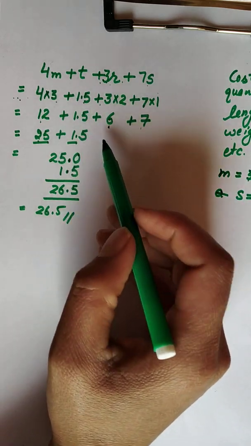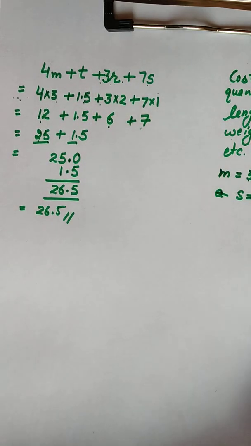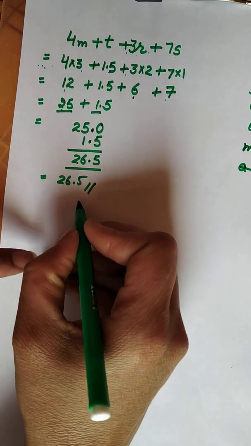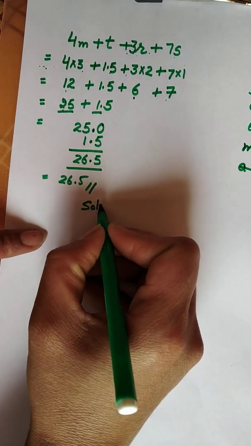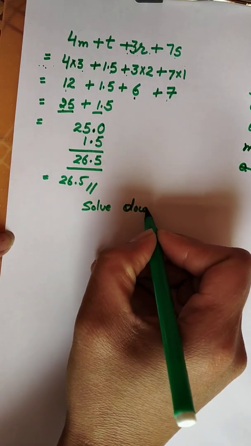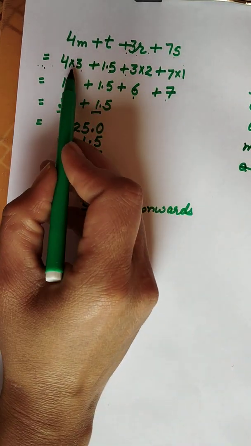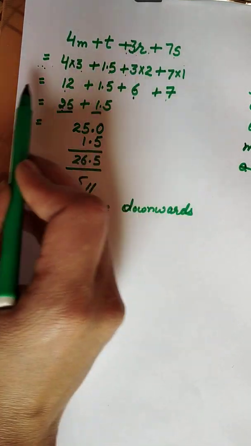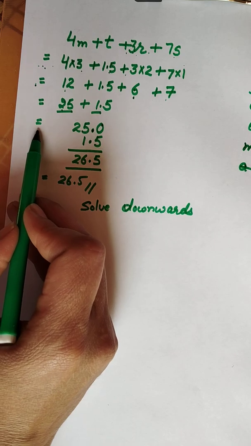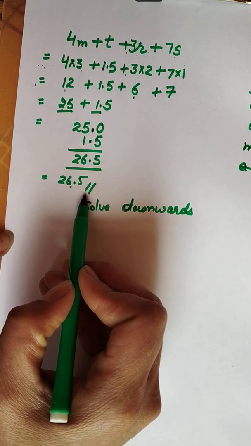Means you have been taught how to add the numbers in junior classes. Okay, so what did I stress here? Please solve vertically, means downwards. Solve downwards. Do not miss this second step. Do not miss this equal to sign. Okay, and don't forget to highlight your answer.